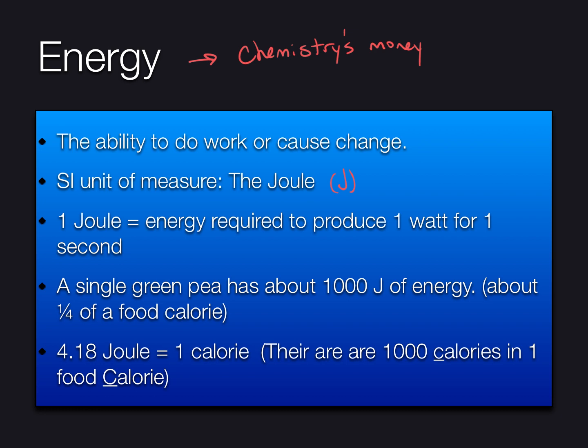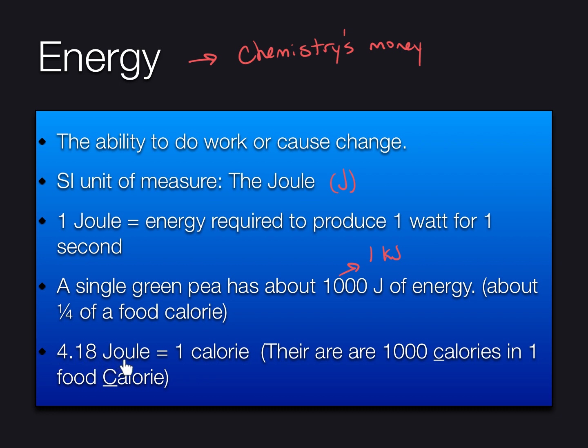Rather, we scale this up by using our metric conversions, and we typically talk about energy in kilojoules, which is 1,000 joules. Now, a little trick that the food industry plays on you is that a calorie, which is the measure of energy in food, is actually not equal to the calorie you might think it is. 1 calorie is actually 4.18 joules.